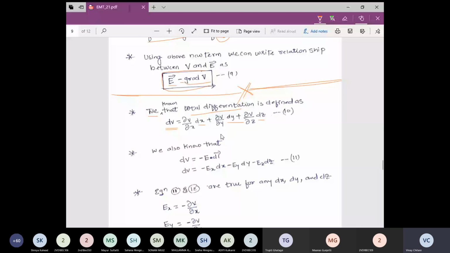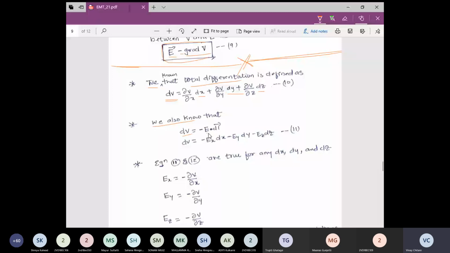Also, we know that dV we can write as minus E dot dl. And in rectangular coordinates we can take dl as dx a_x hat plus dy a_y hat plus dz a_z hat. When you do the dot product, it leads to this one. Now you could see that this equation is equation 10, so equations 10 and 11 are true for any dx, dy, dz.